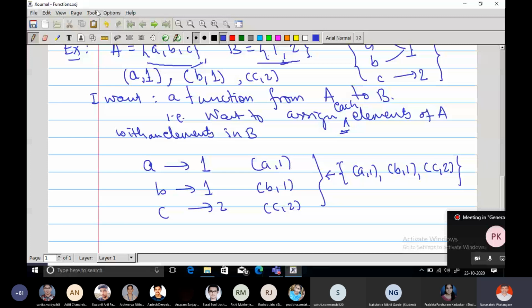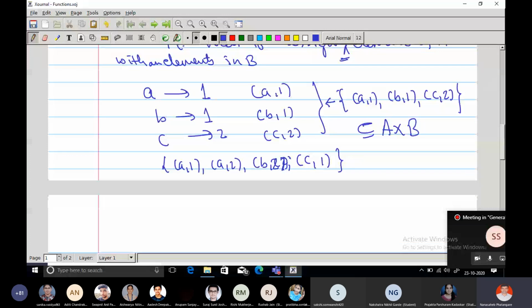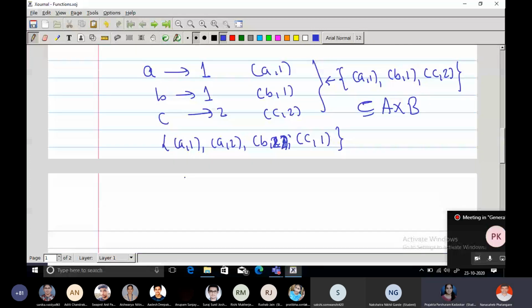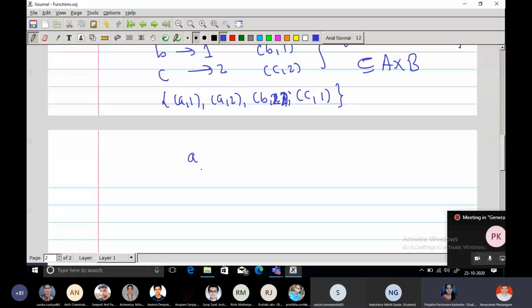Suppose I take A comma 1, A comma 2, B comma 2, and C comma 1. So now is it a proper assignment? No, sir, because A is assigned with two distinct objects.